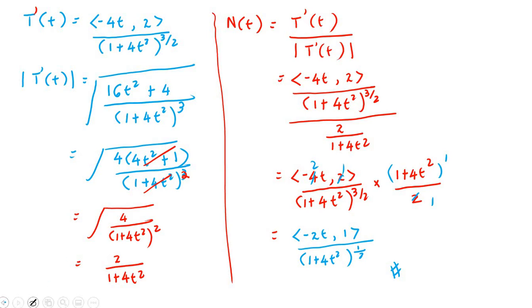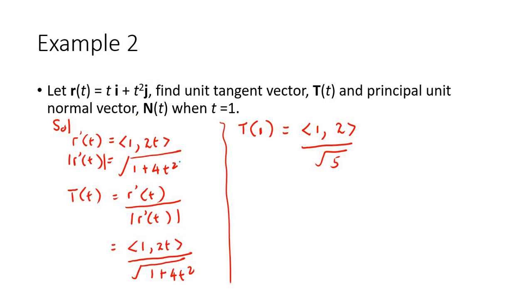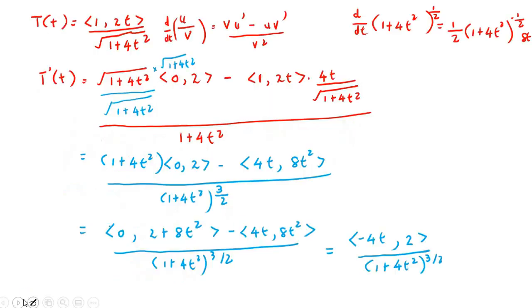So you notice, as I said just now, if the magnitude of r prime t is not a constant value, finding T is still okay, but when you want to find T prime t, you need to use the quotient rule.